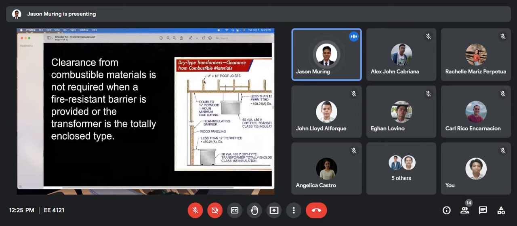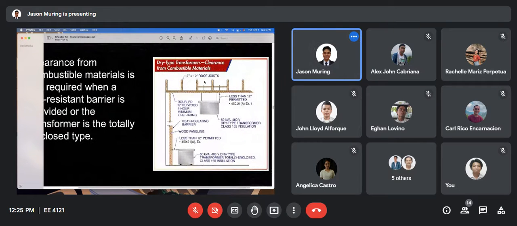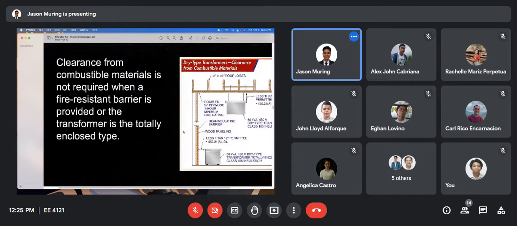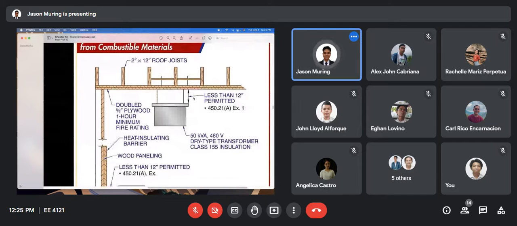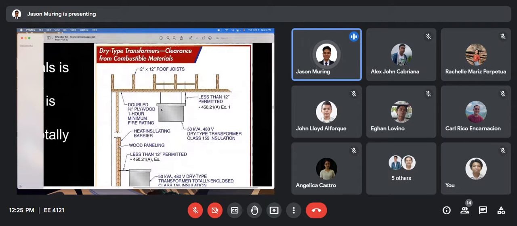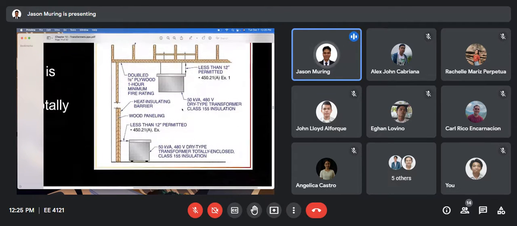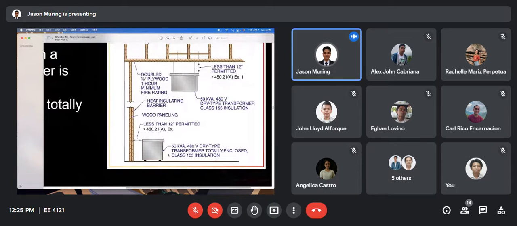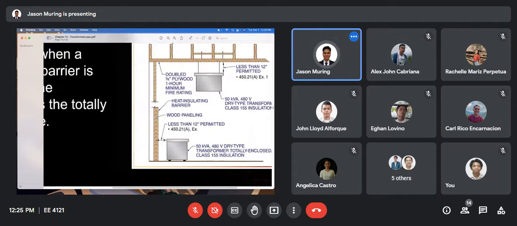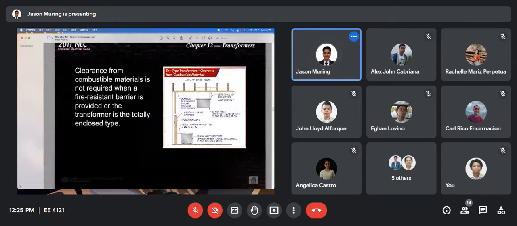Okay, so again, this is the same now. So you need to have here 12 inches for a standard transformer. But if you have a transformer that is totally enclosed, with class 155 insulation, it is not required to have this minimum clearance. It could be less than 12 inches or 1 foot.